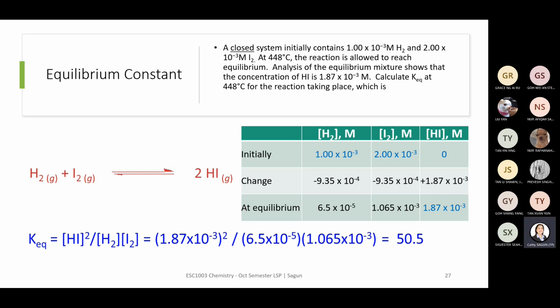So I have 9.35 times 10 to the minus 4 and then 9.35 times 10 to the minus 4. Since this one is positive, my output is positive. For me to produce this, of course, it's just like a cookie jar.